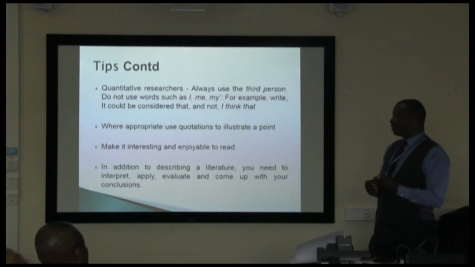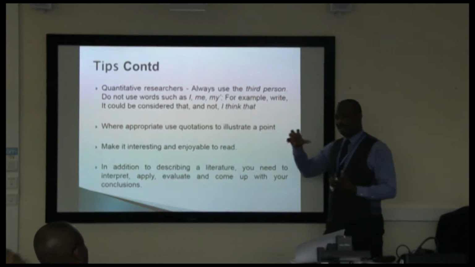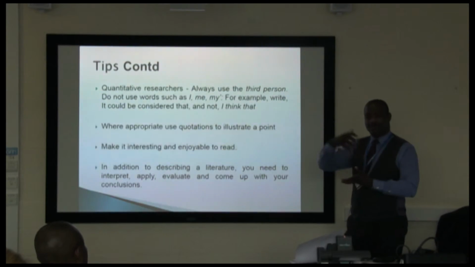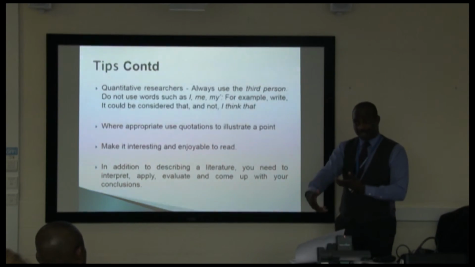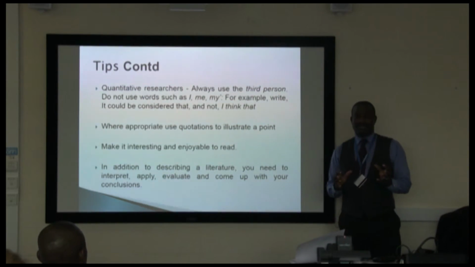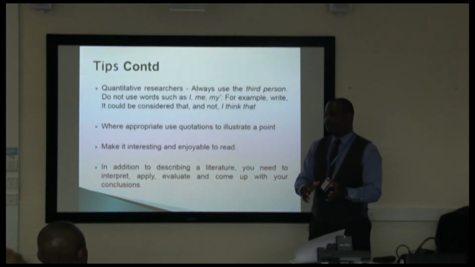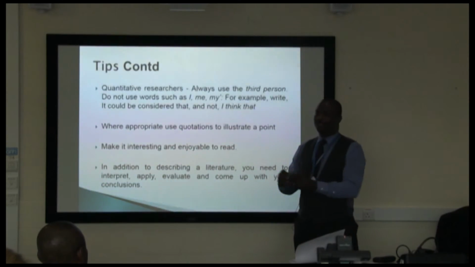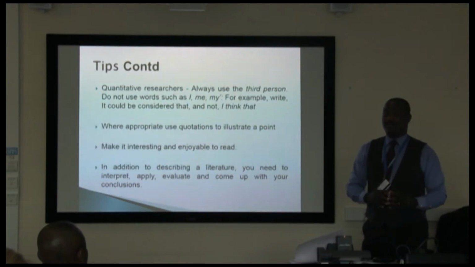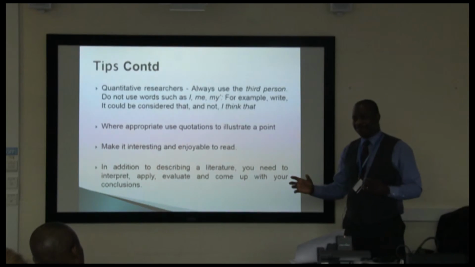But in addition to describing the literature, you need to interpret. Make sure that you interpret what the literature says, apply it to a context in terms of your research question, evaluate, and come up with your conclusions. So, based on this, it is possible that these findings are not applicable, or might not be relevant to this context, as this study was carried out in adults and not in children.